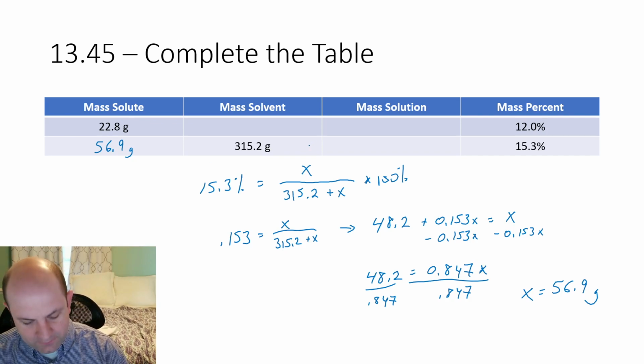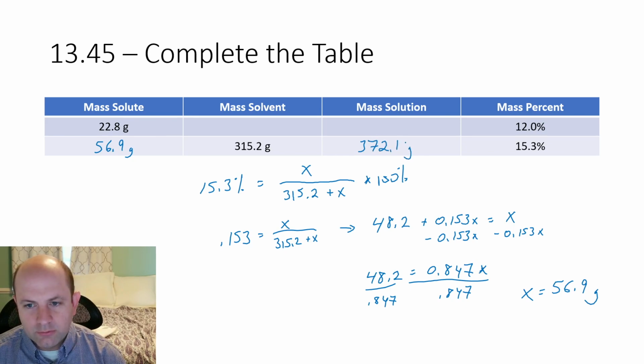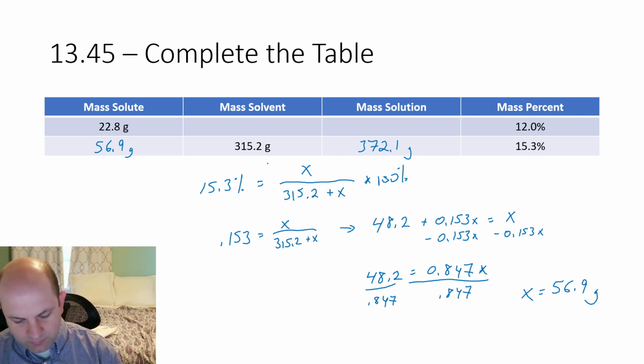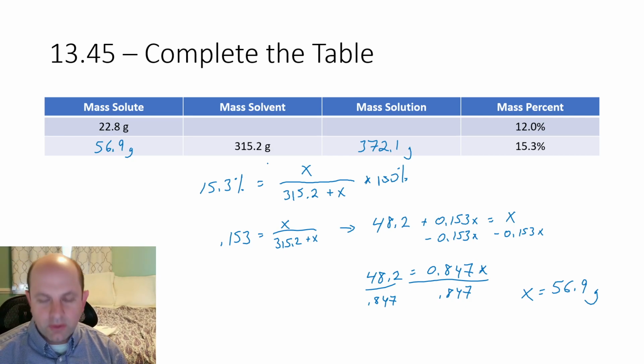So we'd say, okay, 56.9 plus the 315.2 we were given, and that will give us 372.1 grams. And if you want to double check, just to make sure this works out, 56.9 divided by 372.1, and yeah, that's the 15.3%.